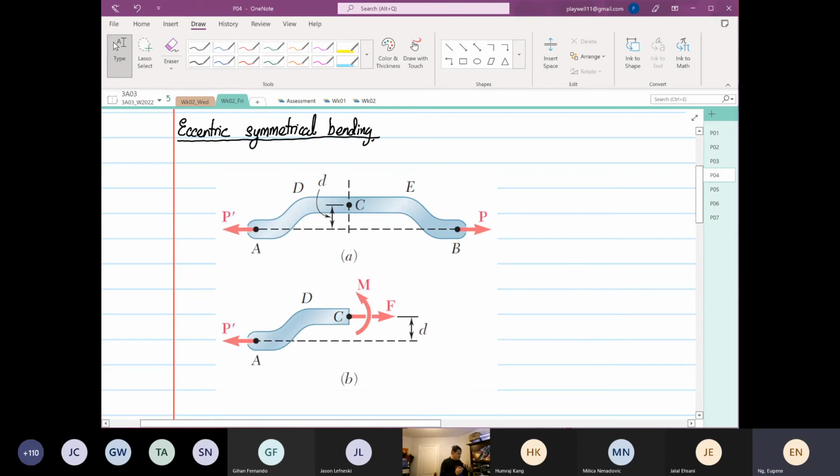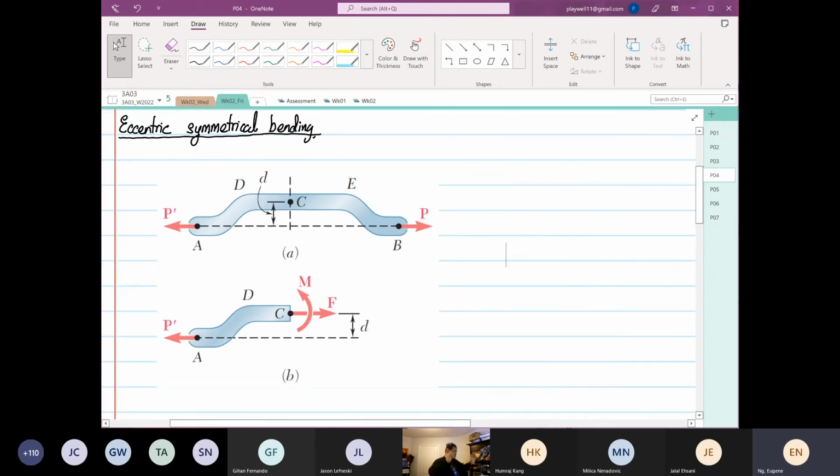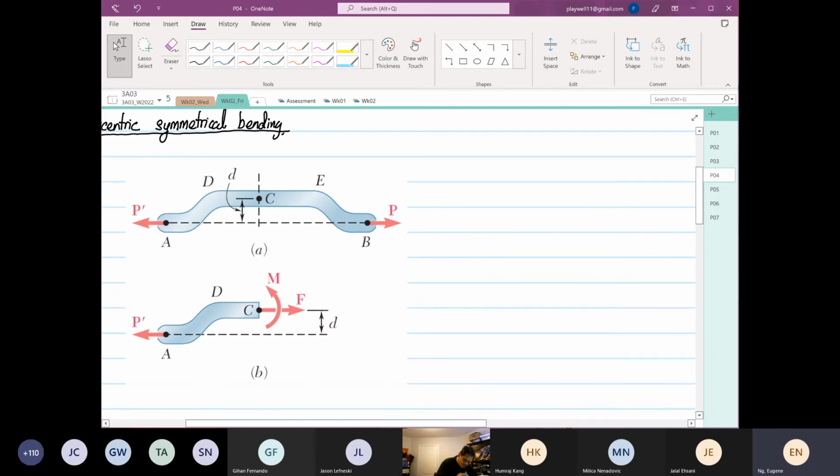So how is eccentric symmetrical bending different from centric? What we learned before was centric. Let's look at the difference first. For centric symmetrical bending, we only have one formula, which is stress in the x direction.